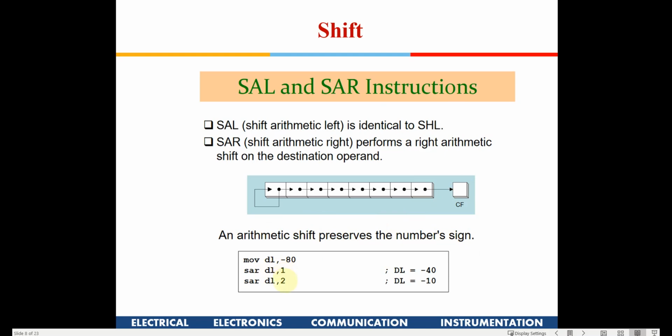Okay, so if it is minus 80, once you do an arithmetic shift, it will be minus 40, and again if you shift it once more, it will become minus 20. So that sign will be preserved. So this will always remain 1 in case it is a 1 here. So that is known as shift arithmetic right operation.